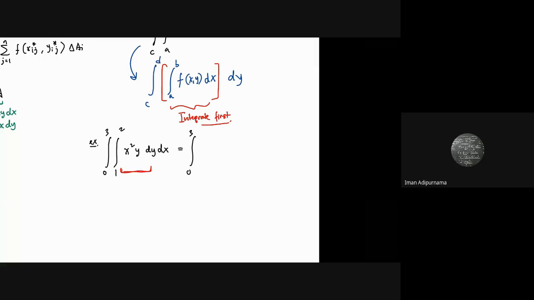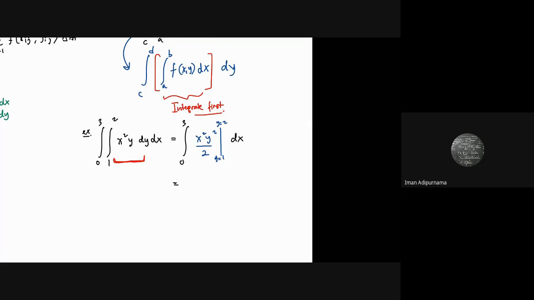Integrate this with respect to y. So y becomes half y squared, right? So this will be x squared y squared over 2 from y equal 1 to y equal 2, and then dx. Okay.